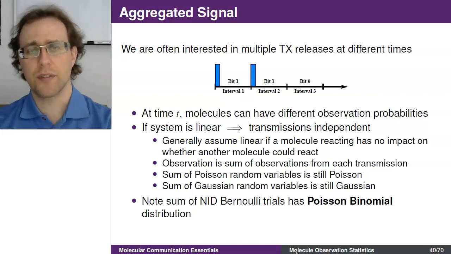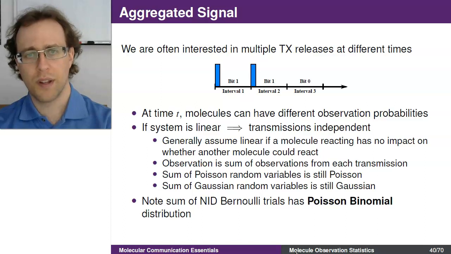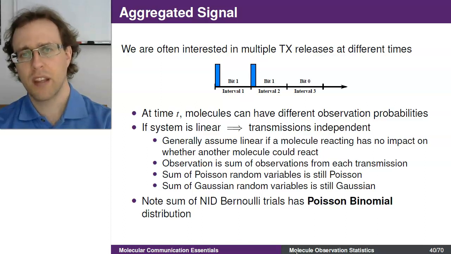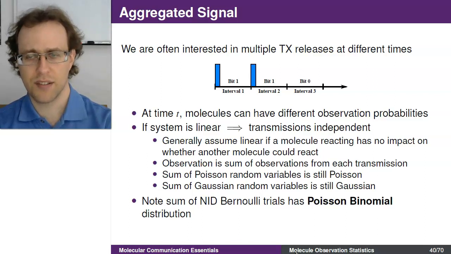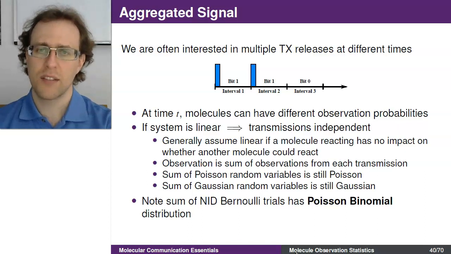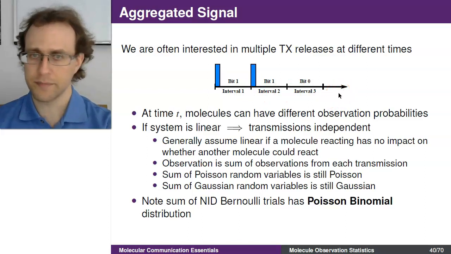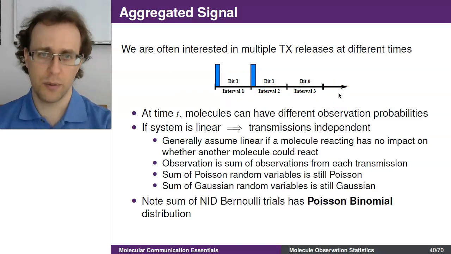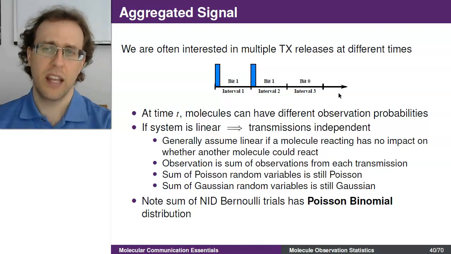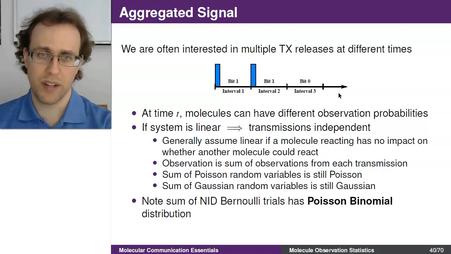In everything we've discussed so far, we've assumed that molecules are released once by the transmitter, and then we've looked at the corresponding statistics. We are often interested in multiple transmitter releases at different times. So if we have some time scale here where we divide up time into different intervals, if we have on-off keying, let's say, we can transmit molecules if there's a 1 that we want to send, and not transmit molecules if we want to send a 0.